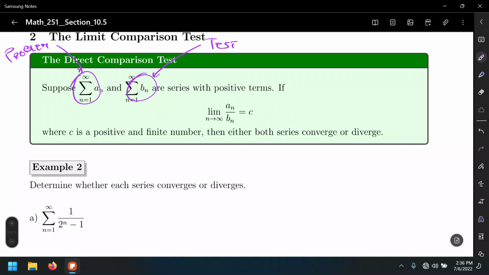But instead of comparing by means of an inequality, huge greater than big or tiny less than small, we're looking at a limit value, and as long as it's positive and finite, we're good. If the limit is 0 or infinity, then the test is inconclusive and we need to find another way.